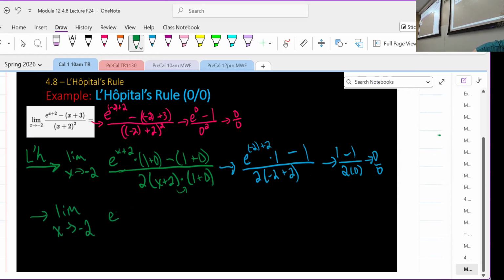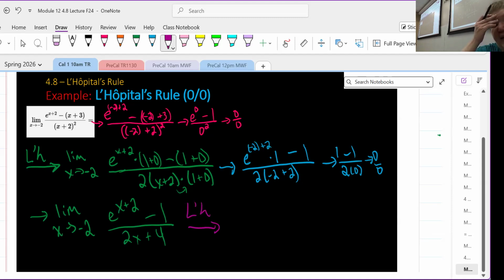So that's e to the x plus 2 minus 1 all over, I'll just distribute it out, 2x plus 4. Now we're going to use L'Hopital's rule because we proved the 0 over 0.